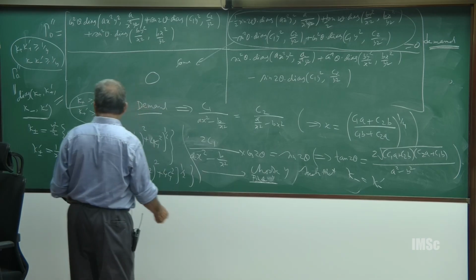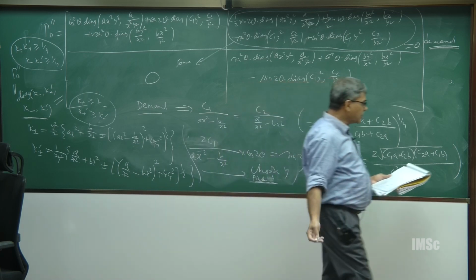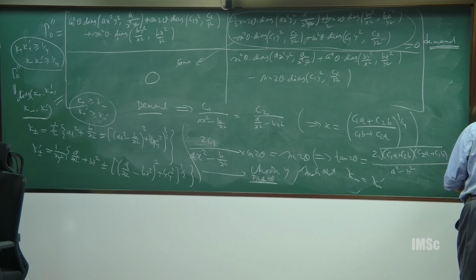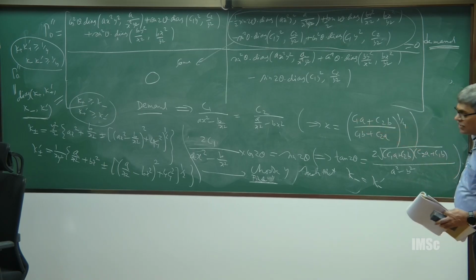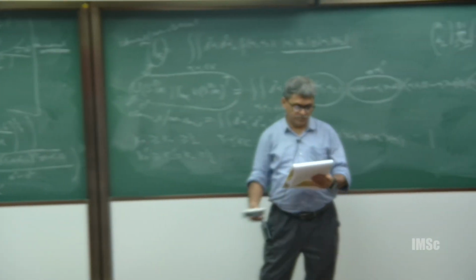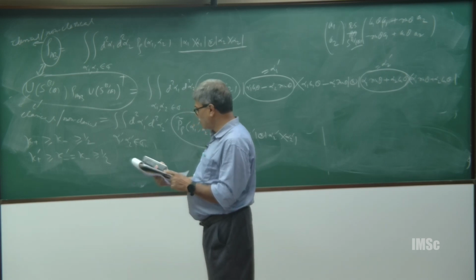Once you have these the same, what is the condition for uncertainty? Kappa plus is greater than or equal to kappa minus, that we have taken, and this has to be greater than or equal to half because of the uncertainty. Similarly, kappa plus prime is greater than or equal to kappa minus prime, which is equal to kappa minus, which is also greater than or equal to half.